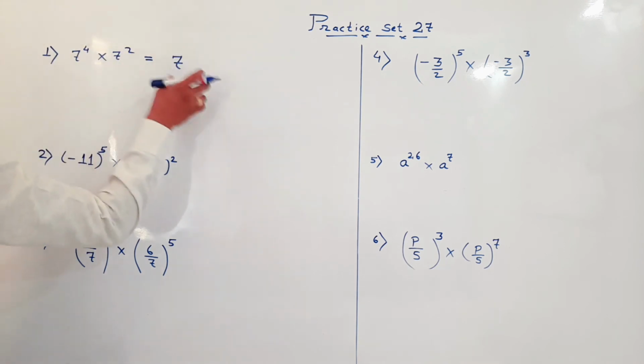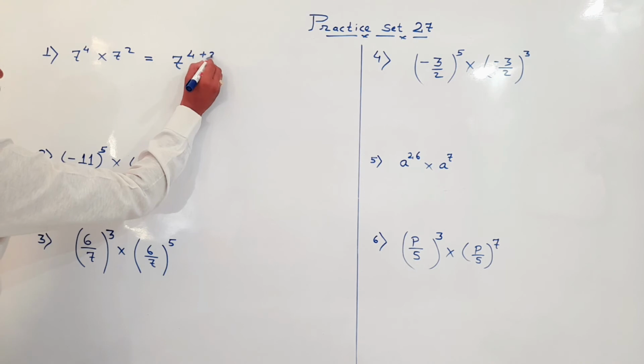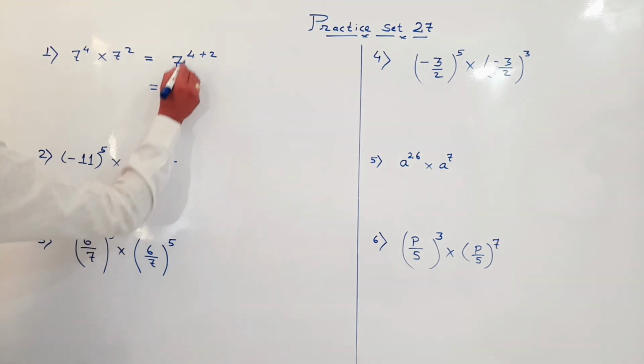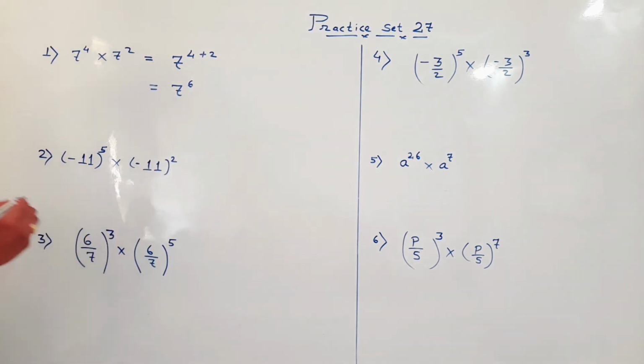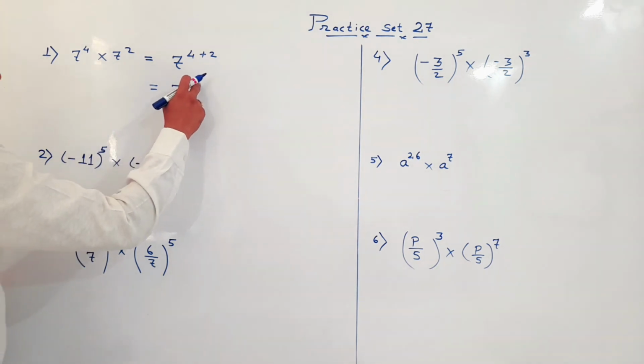We can add the index. So we will add the index. 4 plus 2 is 6. So we will get the answer 7 raised to 6.